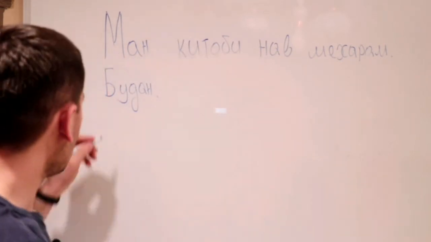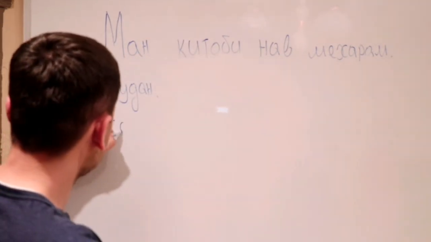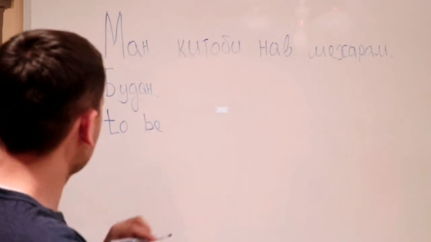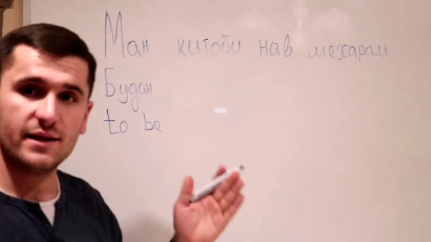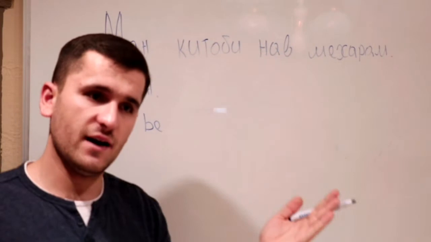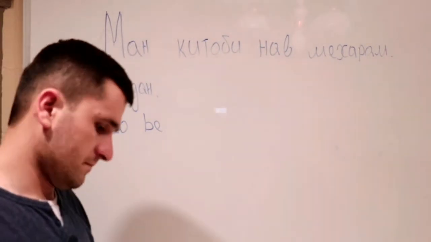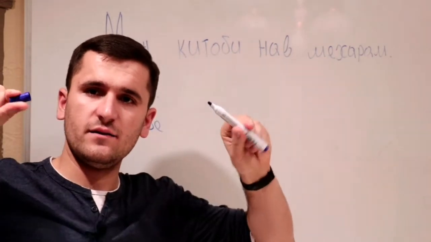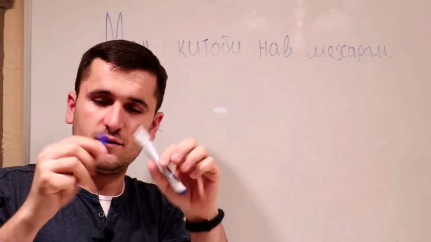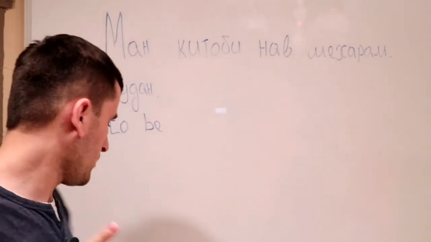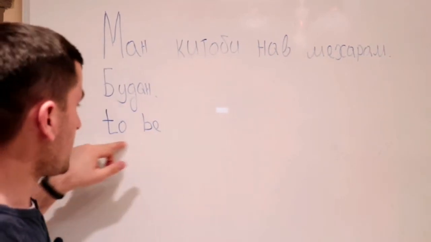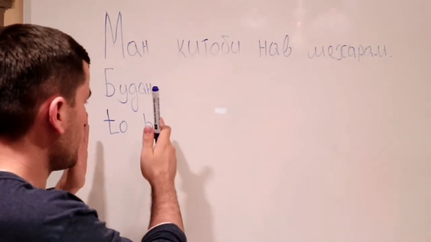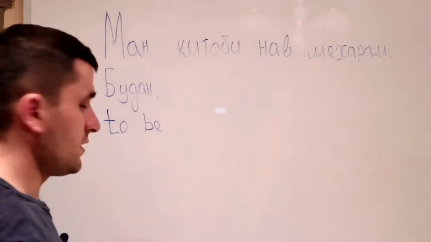For example, we say to be. We will divide. Divide means divide. So for example, this is one thing. Now I divided it. You understand, I hope. For example, to be: we will divide this verb into several words.